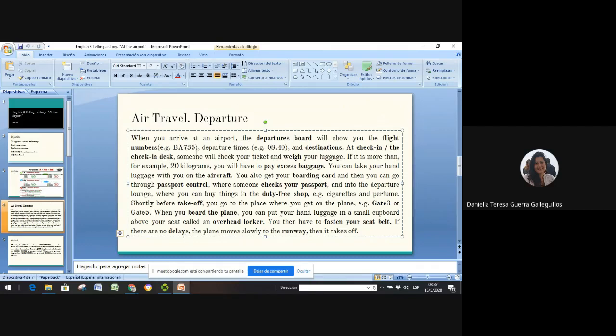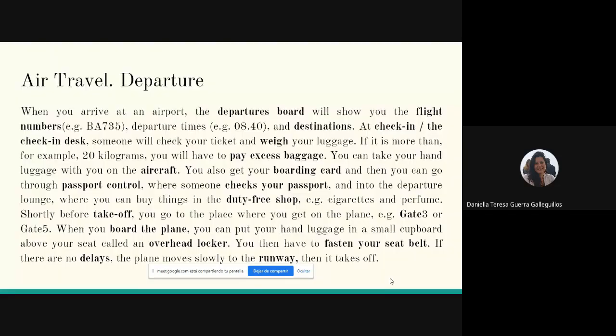So let's see the vocabulary. This is for the departure. Departure is when the plane starts going away. So at the beginning of the trip, that is the departure. So from the moment you arrive at the airport until you leave. Departures board.